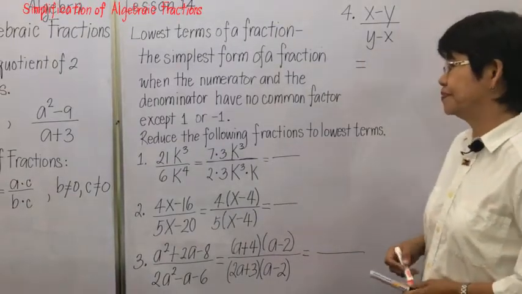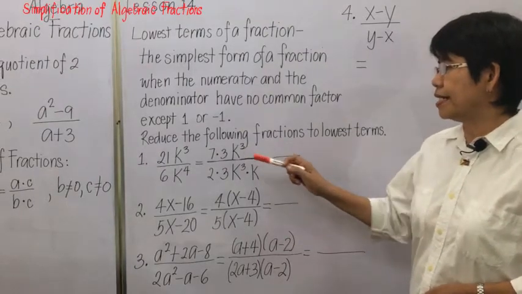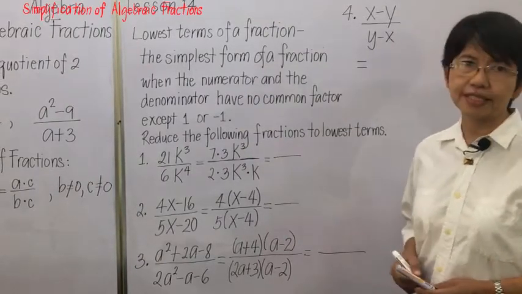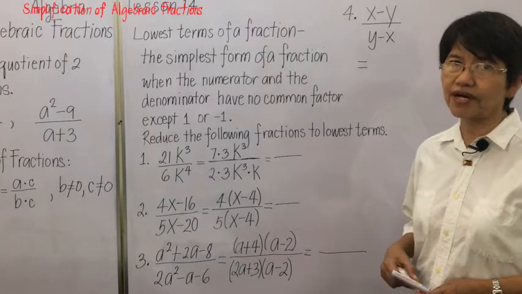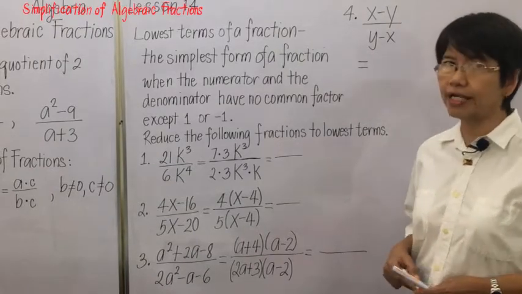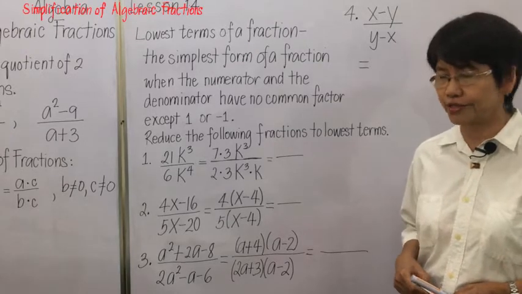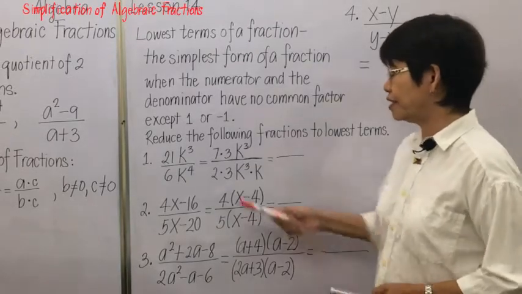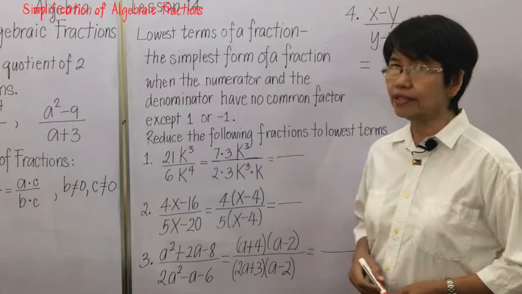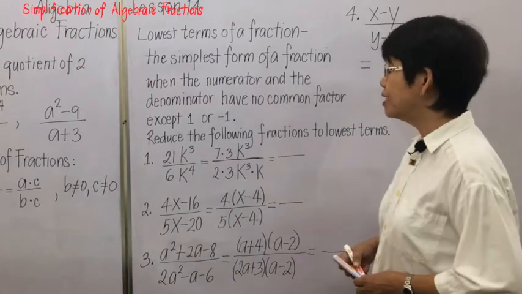Number 1, 21k cubed over 6k to the 4th. We first factor both numerator and denominator in such a way that we can cancel the common factors. So we have k cubed here and k to the 4th. The common factor there is k cubed.